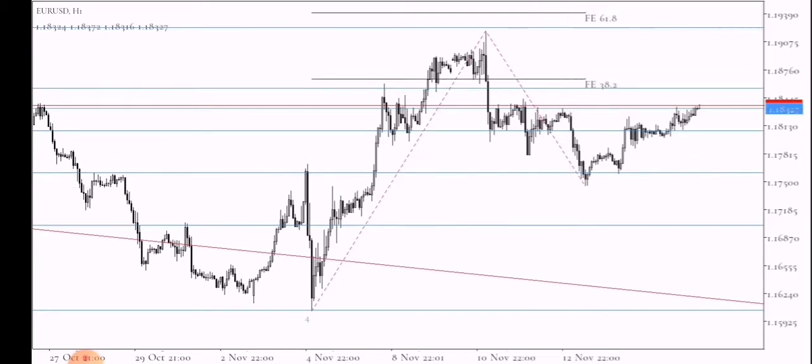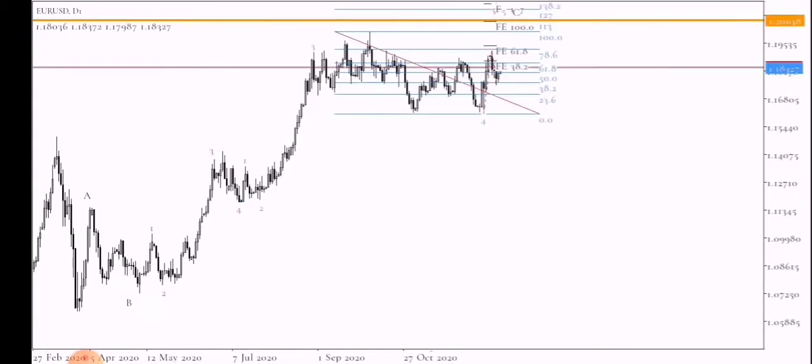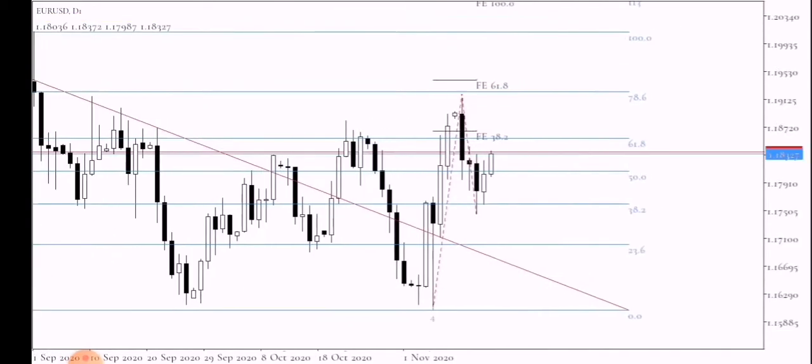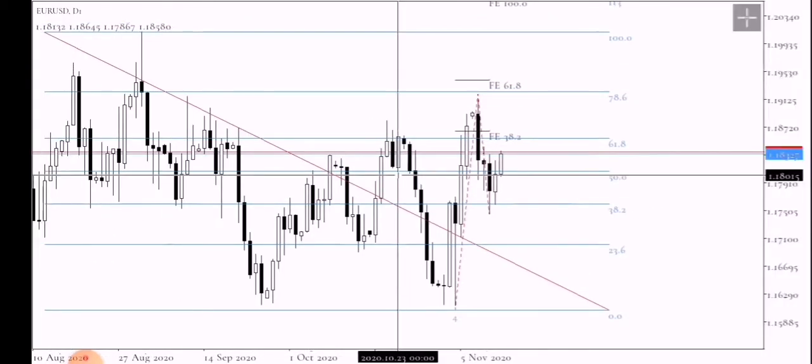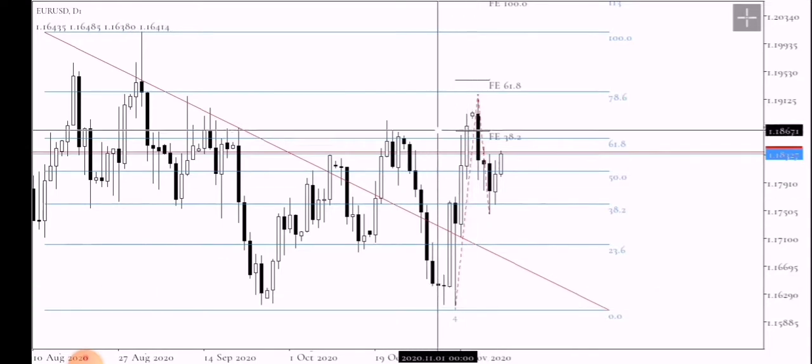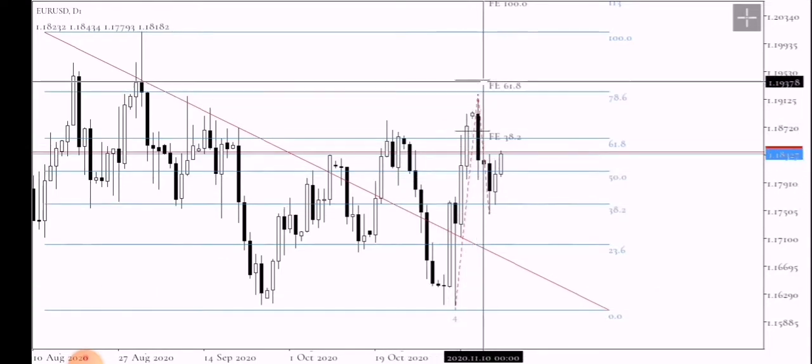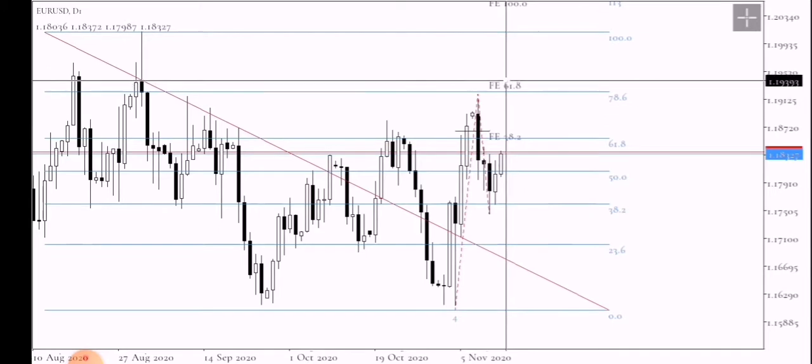Now I'm going to change this chart to a daily, and zoom that in. So here we are currently, on this move up and then down. This is where we drew our Fibonacci. So we've got two potential targets.